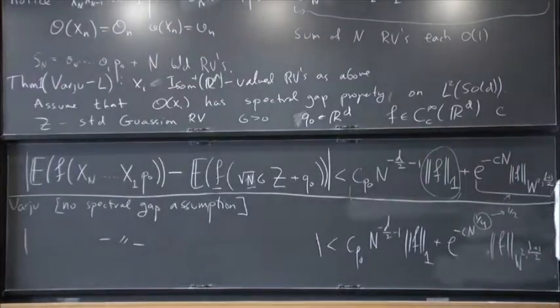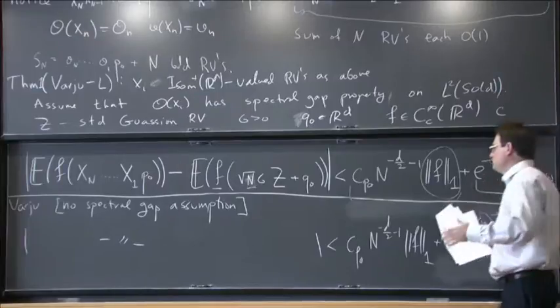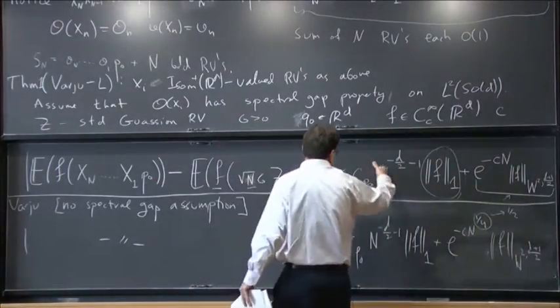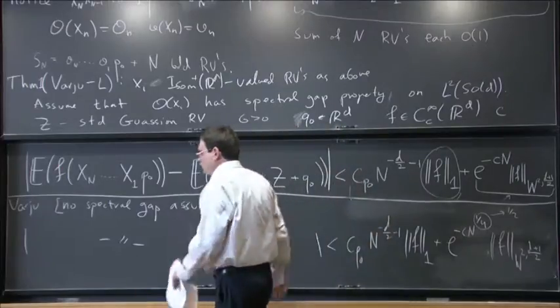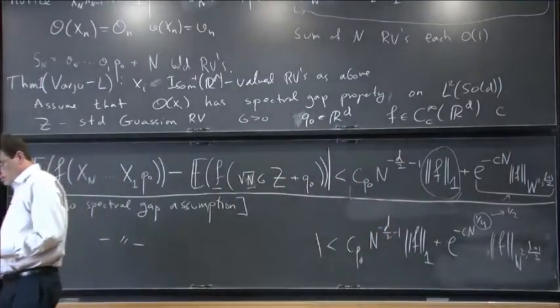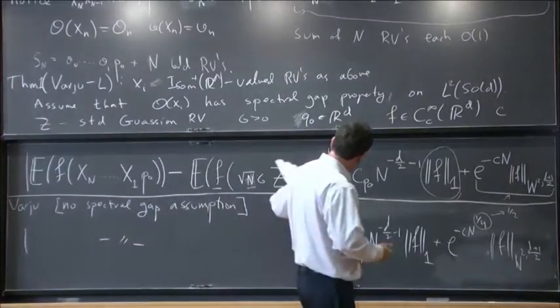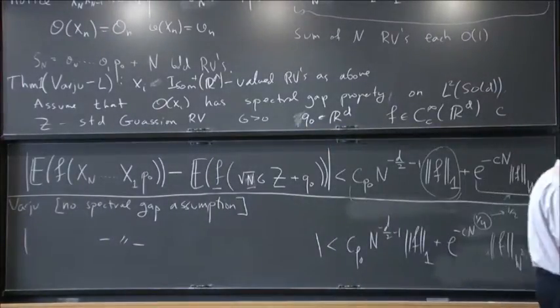For a fixed test function f, a Gaussian has in every dimension width square root of n. So you expect that both of these terms will decay like n to the minus d over 2. So the local limit theorem is for a fixed test function after you normalize by the appropriate constant.